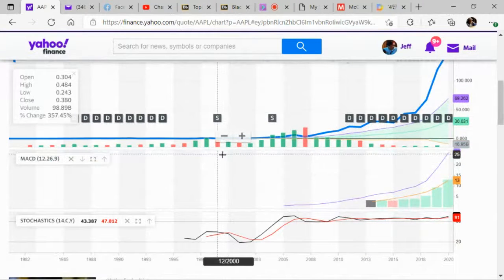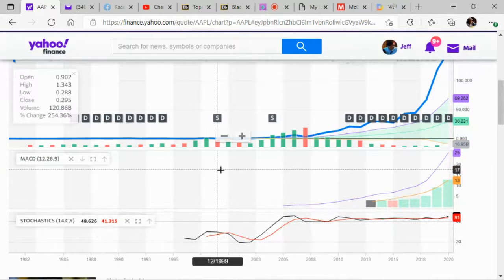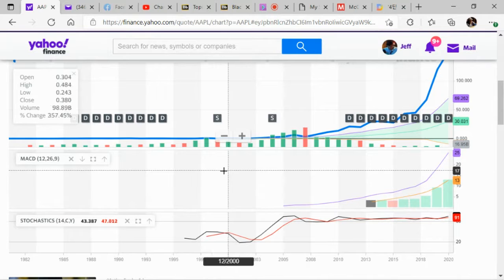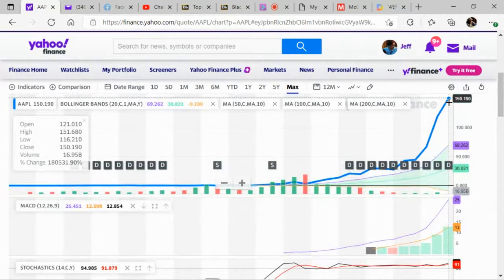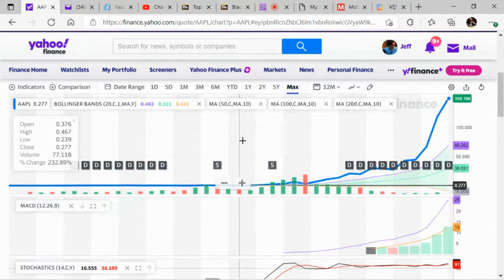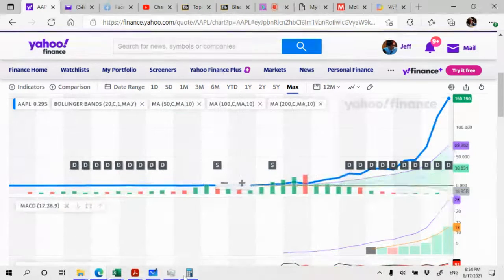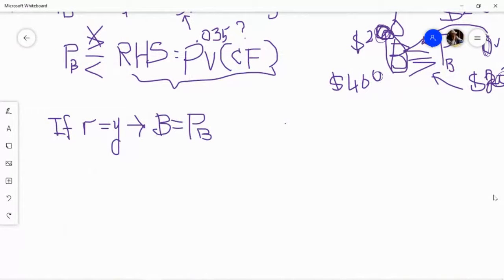But anyway, after making the adjustment, if you were born in 2000 and your parents bought like 100 shares of Apple, that would have cost 4,000. Anyway, the long-hold buy and hold strategy is definitely the way.